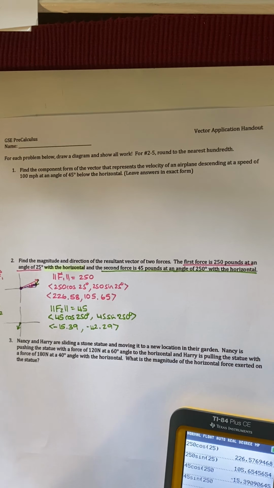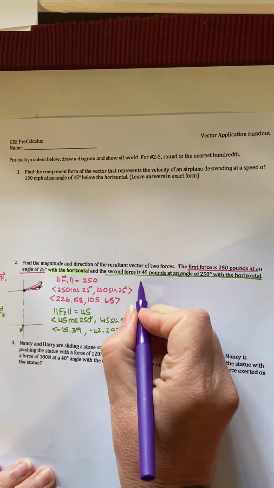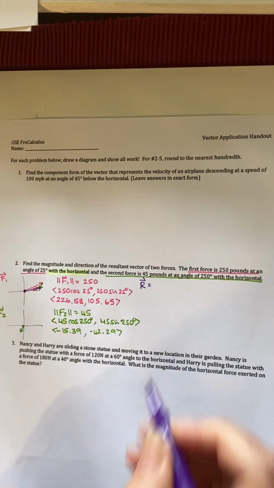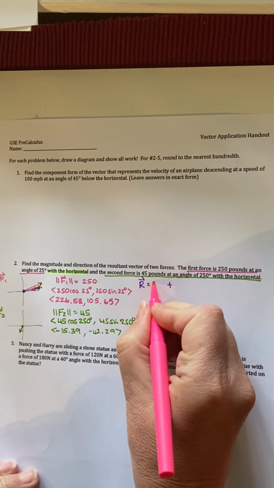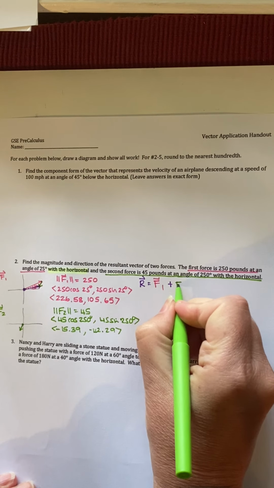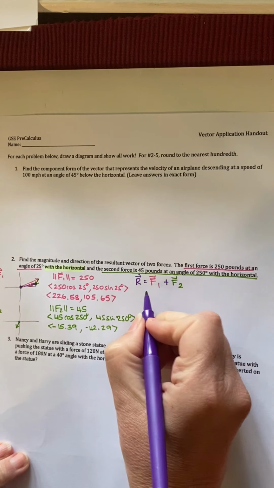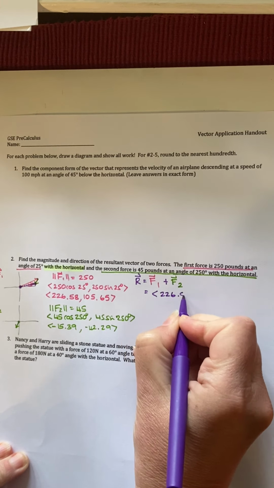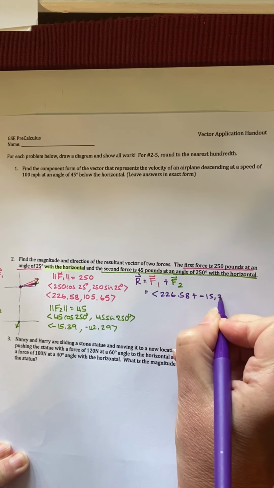So now to find your resultant vector, you're going to just add the two vectors together. I'm going to use an R for my resultant vector, and I'm going to simply add my force 1 and my force 2, and you can simply add those components. So you could take 226.58 plus negative 15.39.